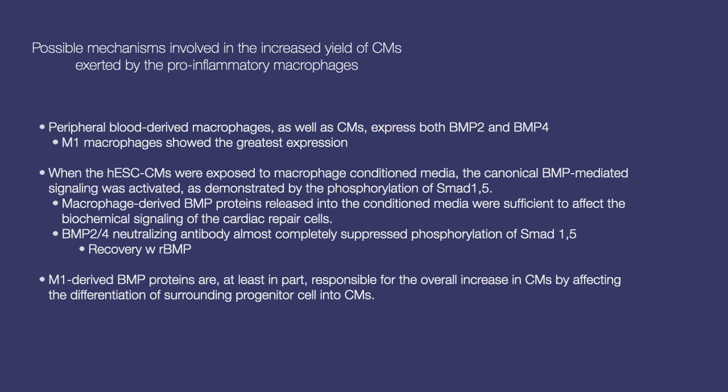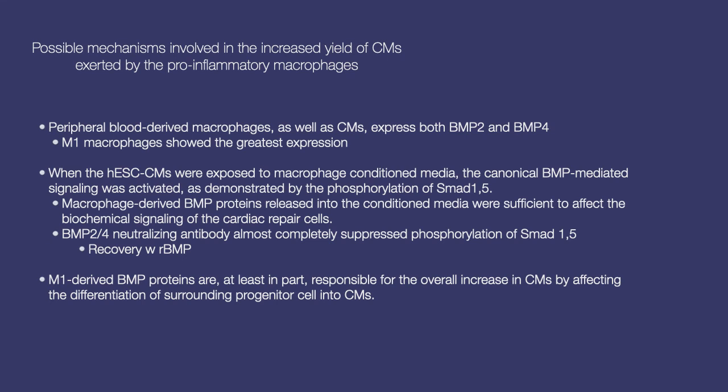The study did conclude that macrophage-derived BMP proteins are sufficient to affect the biochemical signaling of cardiac repair cells, as was shown through the neutralizing antibody experiments and also the recovery with recombinant BMP.